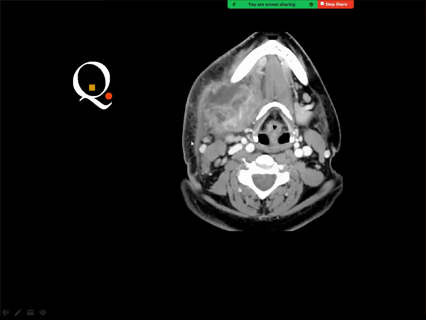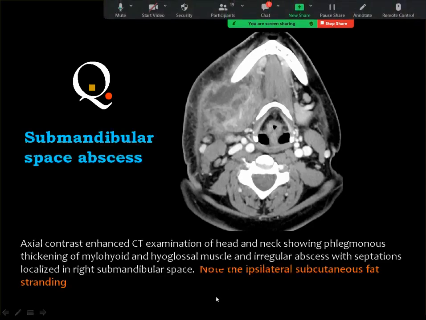If the subcutaneous fat is stranded, smudged, reticular, then you consider inflammation. If the subcutaneous fat is clear like this one, you consider malignancy. Malignancy can show heterogeneous enhancement like this one, but it is not associated with such an inflammatory reaction in the subcutaneous tissue.